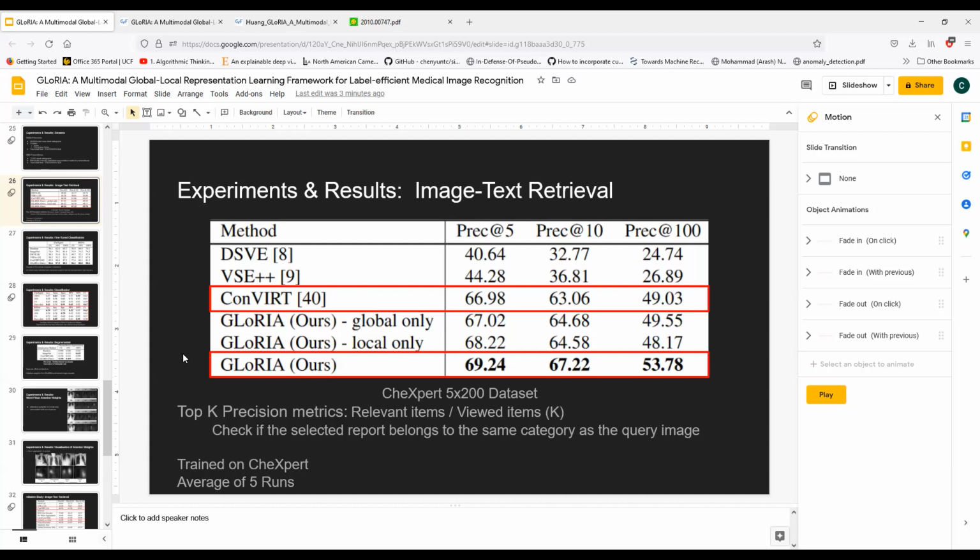Let's say I give you, select top five. If the ground truth is in that top five, it may not be the top one. The correct one could be ranked fifth based on the similarity, but it will still be considered a successful retrieval because I allow you to have five choices.